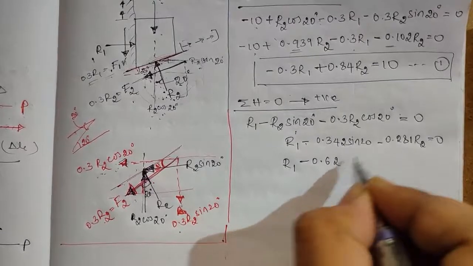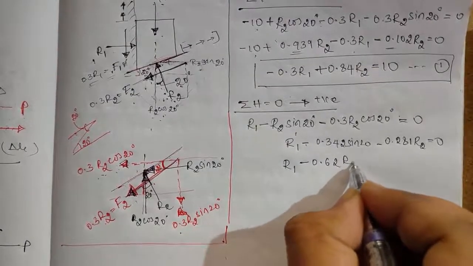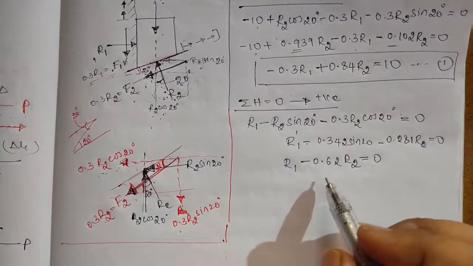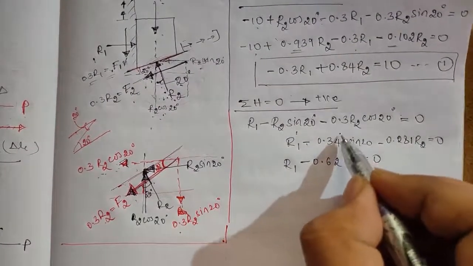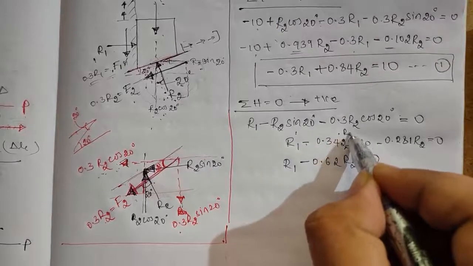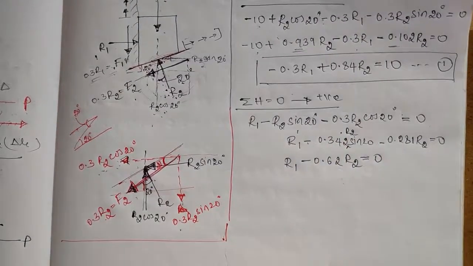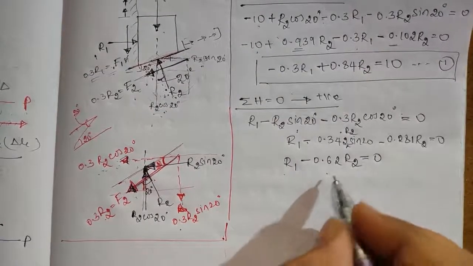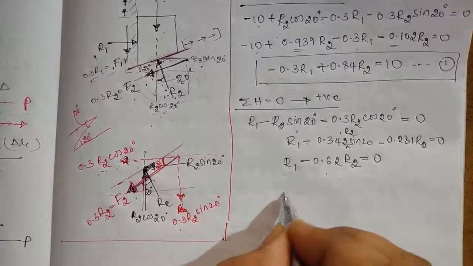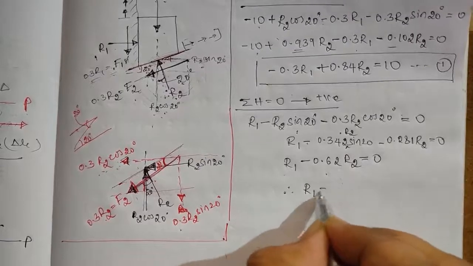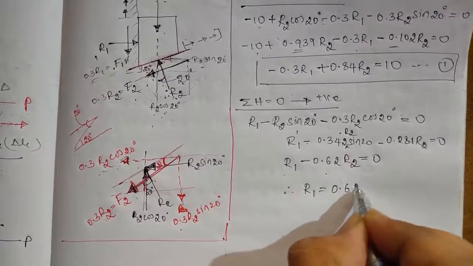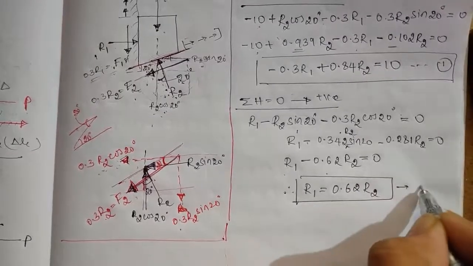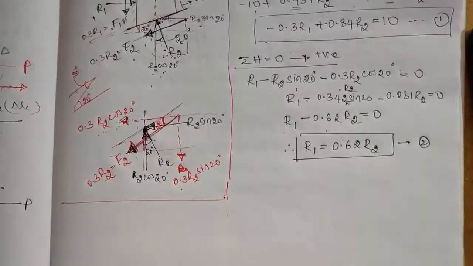So R1 minus 0.62 R2 is equal to 0. Now R1 is equal to plus 0.62 R2. Let this be my second equation.